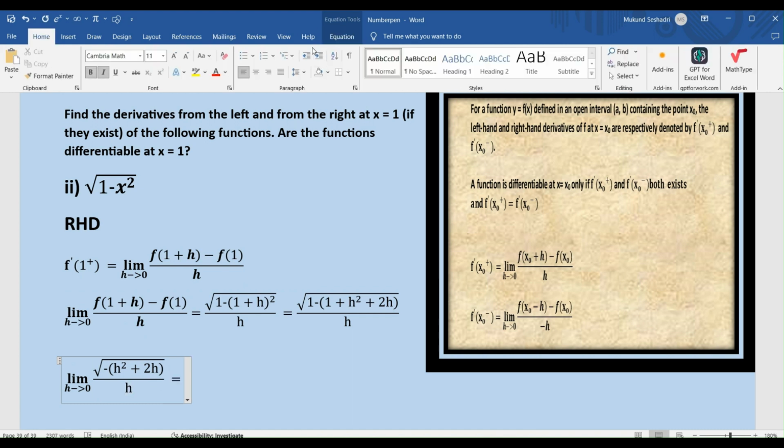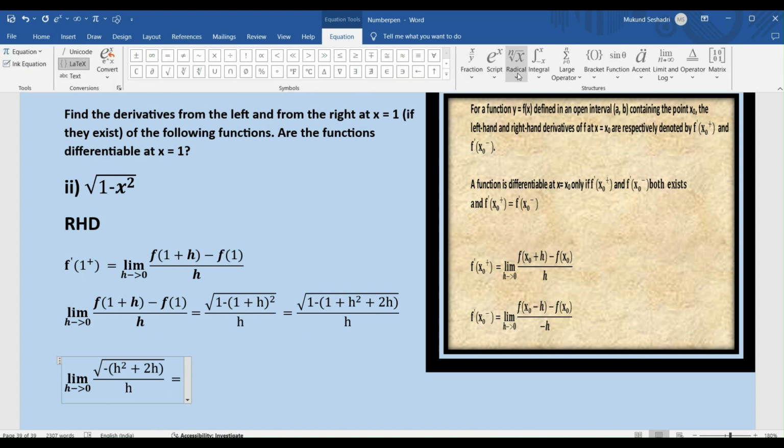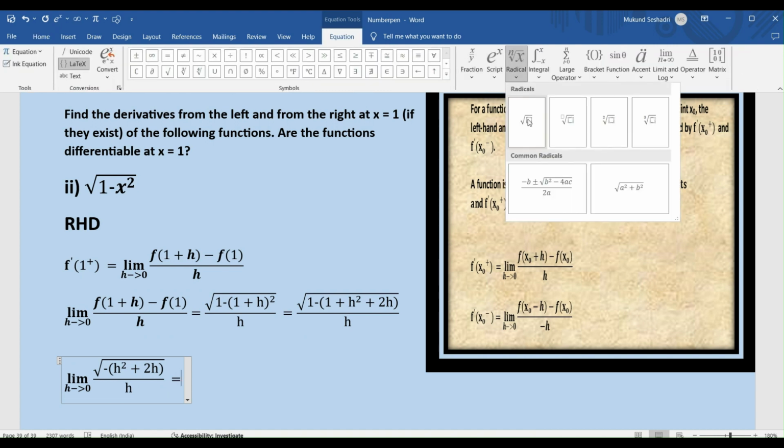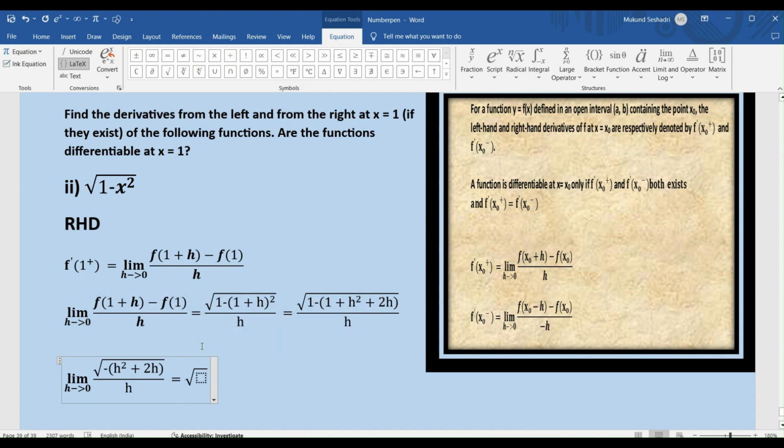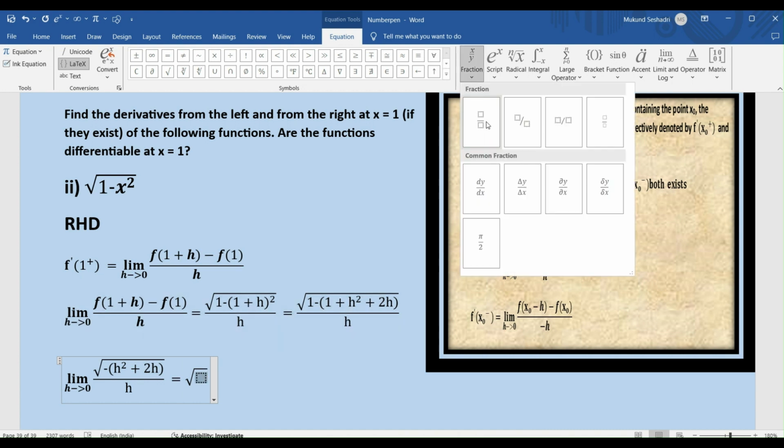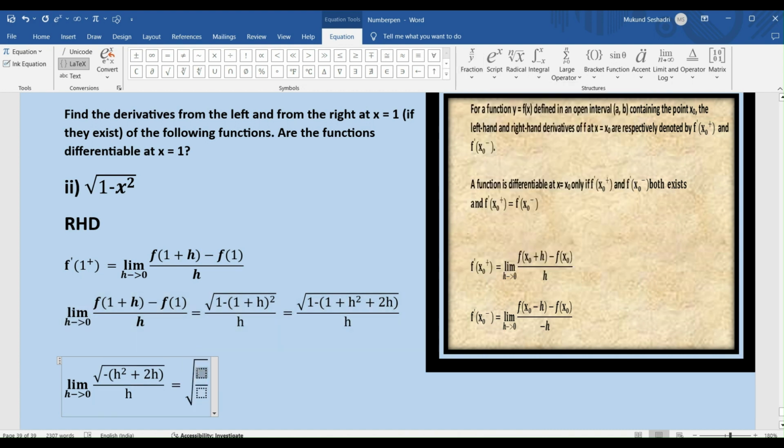I can move my h into the square root, and we have done this in some of the videos where we solved problems under limits. So I can comfortably move my h inside the square root and rewrite this equation as minus of h square plus 2h divided by h square, right?